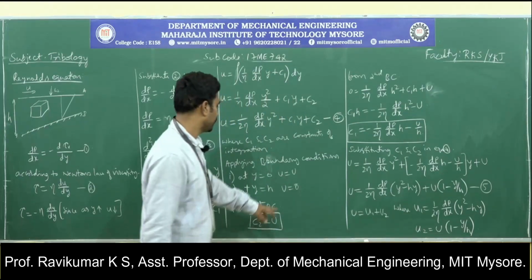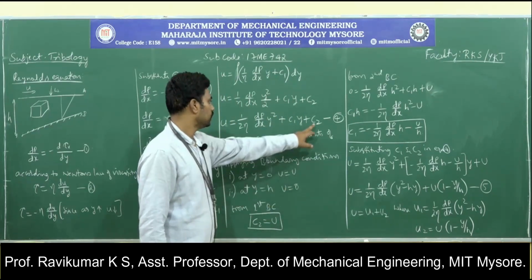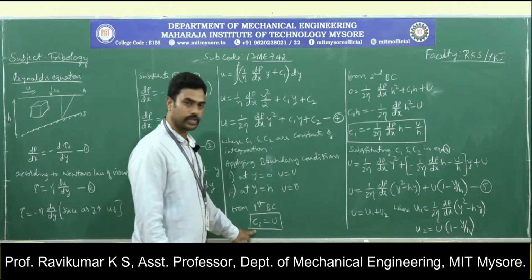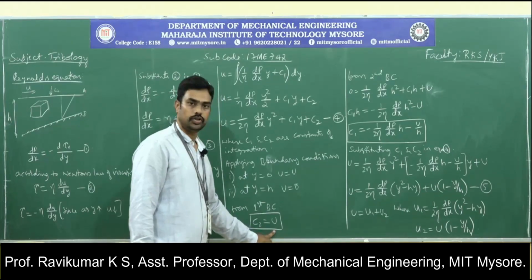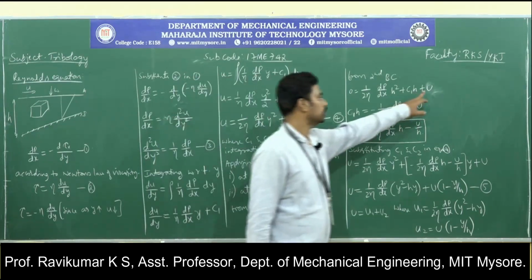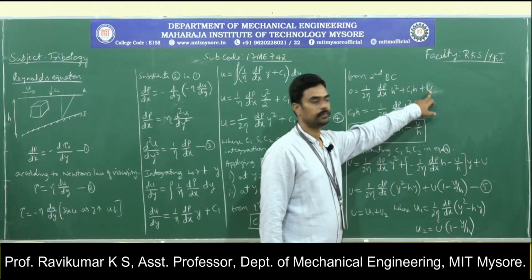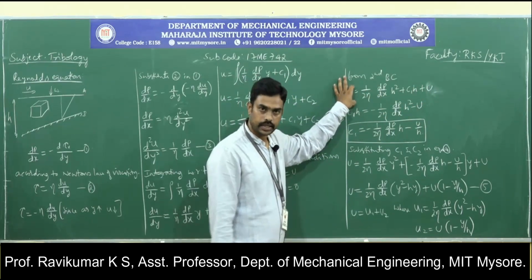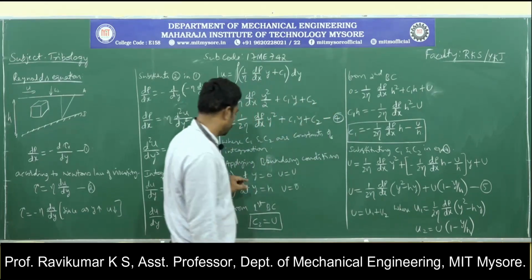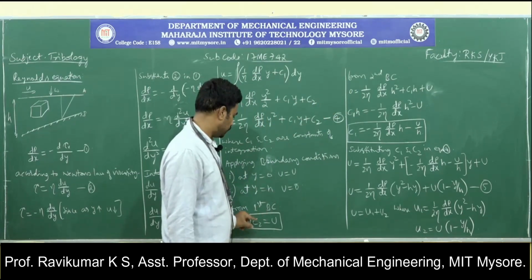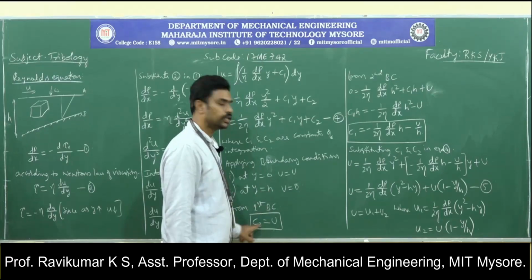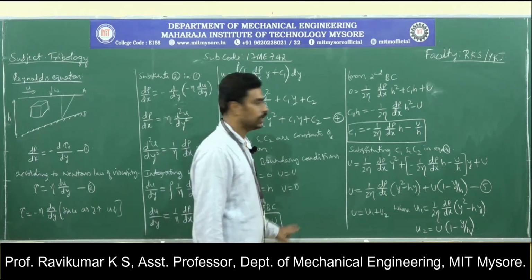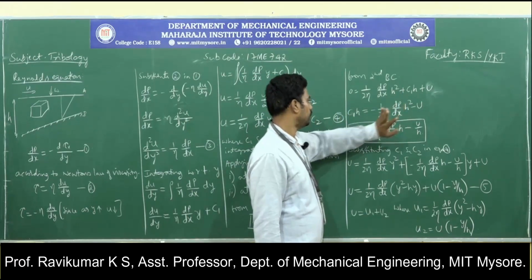Then C2, from the first boundary condition I know that C2 is equal to U, so I have written U in place of C2. Therefore this is from the second boundary condition, replacing y with h and u with 0. Okay, I obtained this one.